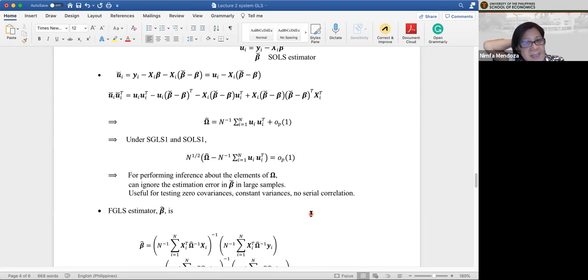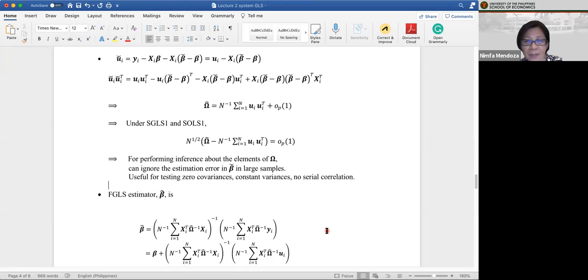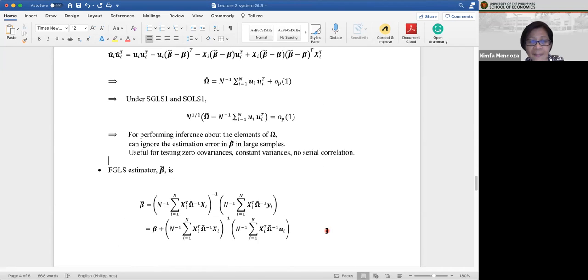So this estimator for omega is not so sensitive to errors in the OLS estimator. This is useful for testing zero covariances, constant variances, no correlation when you're testing about omega.